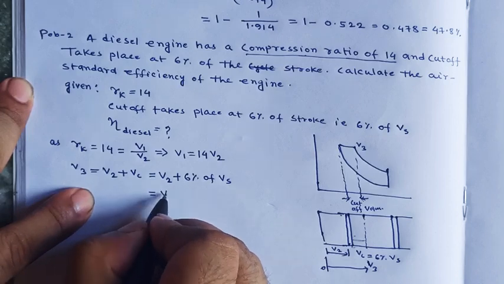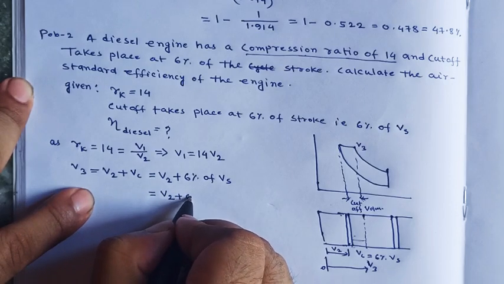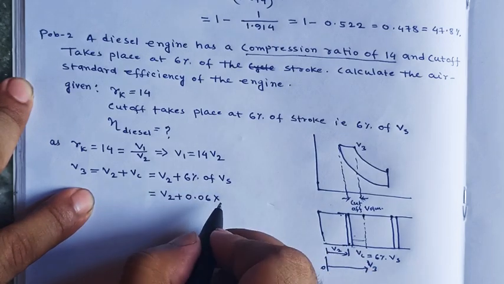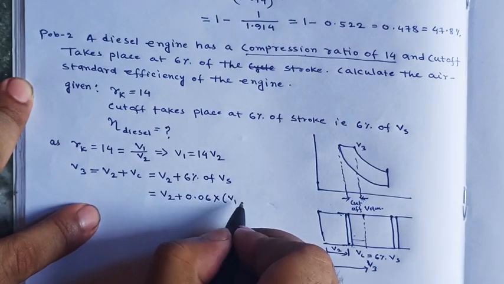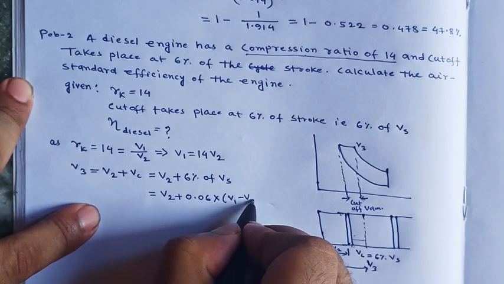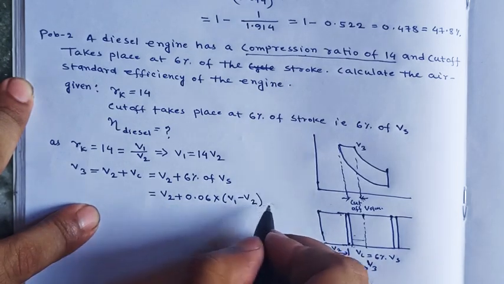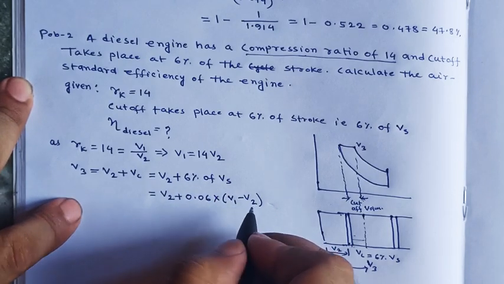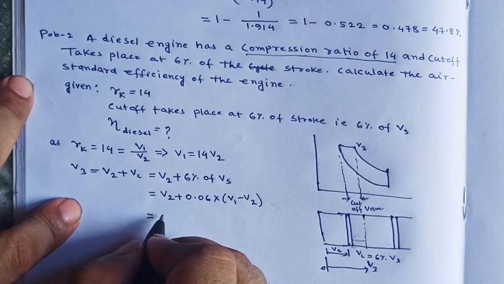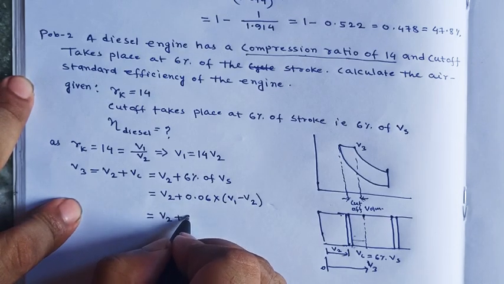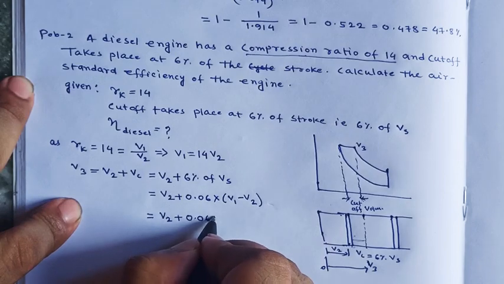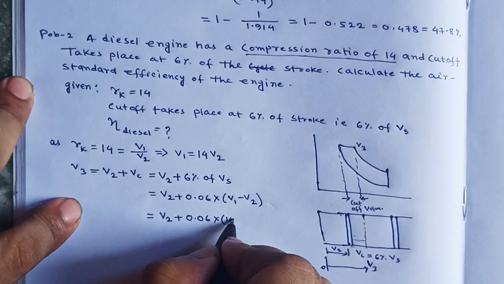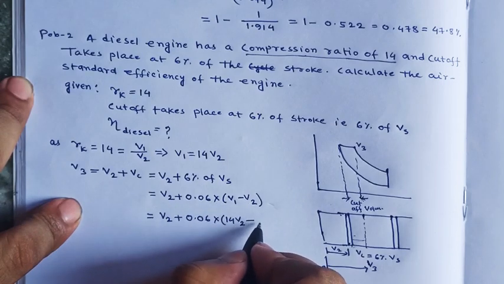So I can write this is V2 plus 0.06 into Vs. Already we know Vs, that is swept volume, is V1 minus V2. So further I can write V2 plus 0.06 into, what is V1? V1 is 14 V2 minus V2.